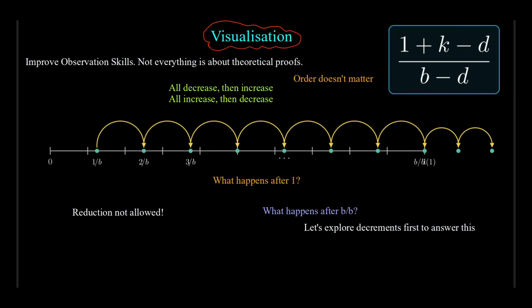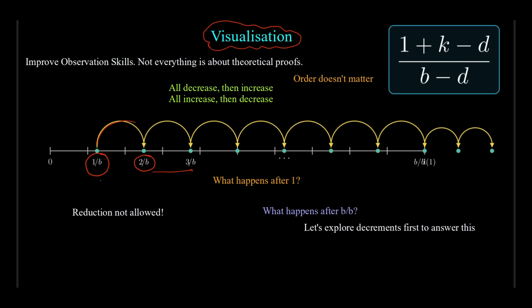Since we have already done some mathematical analysis on the numerator, let's visualize that on a number line, what exactly it means to do those operations in succession. So this is the number line and this is the fraction that you start with, which is 1 upon b. In one operation you go to 1 plus 1 by b, which is 2 upon b, and then you keep on going to the right.